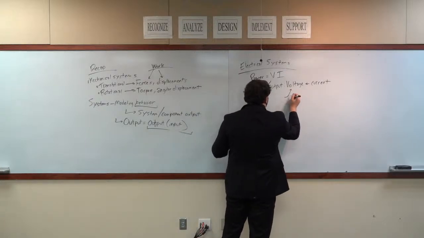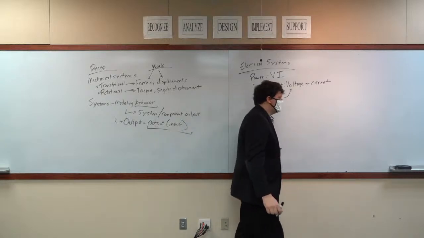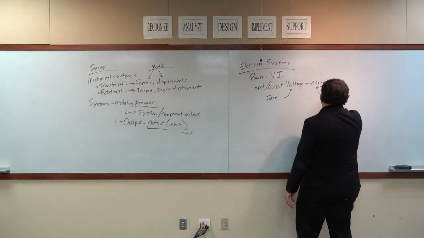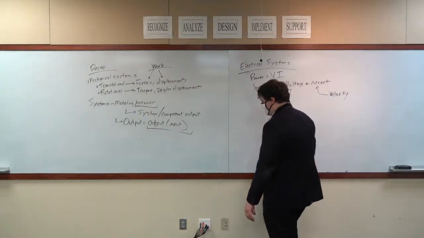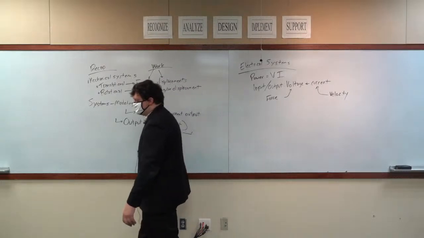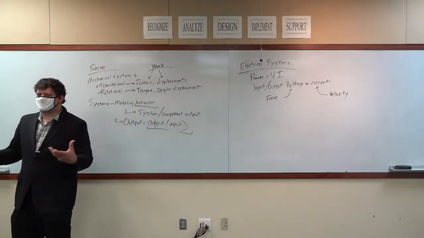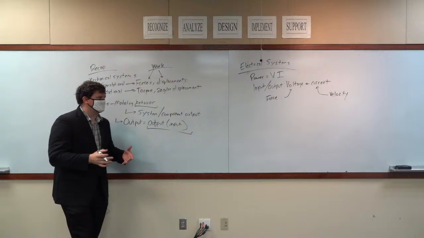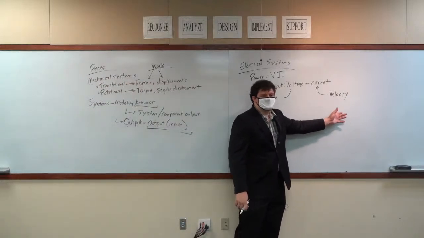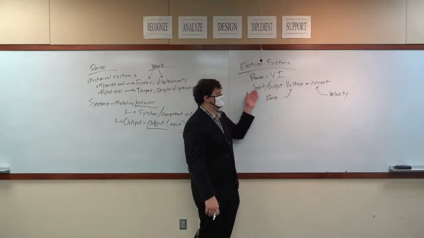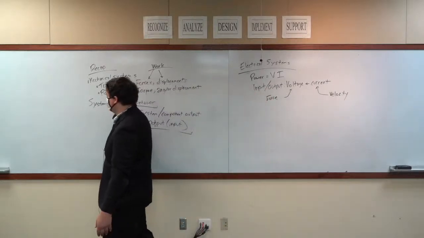Here, the voltage is the equivalent of what a force would be, and the current is the equivalent of what a velocity would be. That's kind of what their equivalents are. You can think of them like that. Now, note, current is not a displacement, it's a velocity, which is why these two multiply to power and not work.